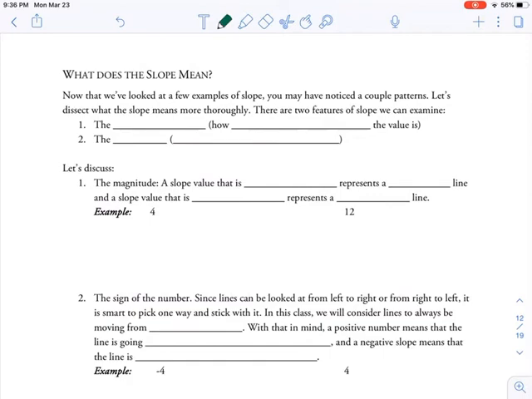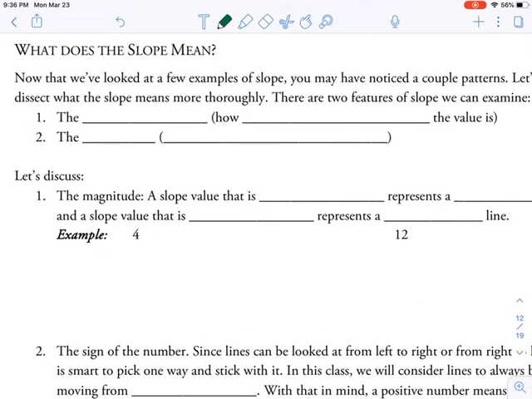All right, so the first thing you might have noticed is what we call the magnitude. And the magnitude is really just a fancy word for how close to 0 the number is.